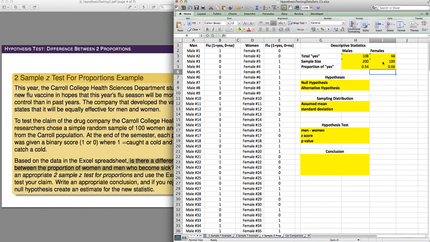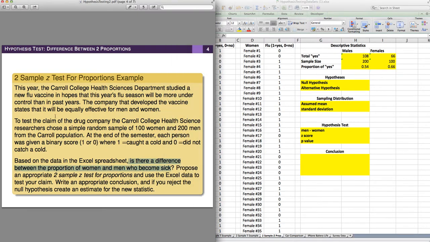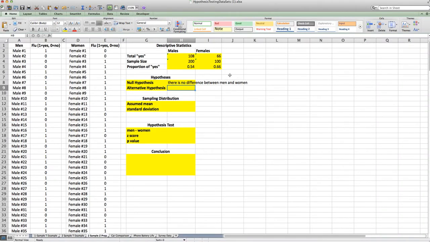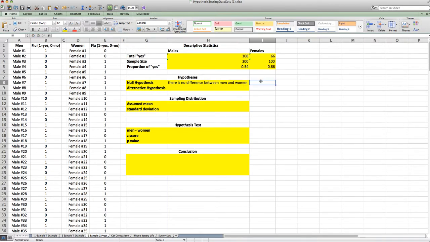What we want to test is the claim from the company who built the flu vaccine this year. They say it's equally effective for men and women. So our null hypothesis is that there is no difference between men and women. In symbols, that says P for men minus P for women is 0.